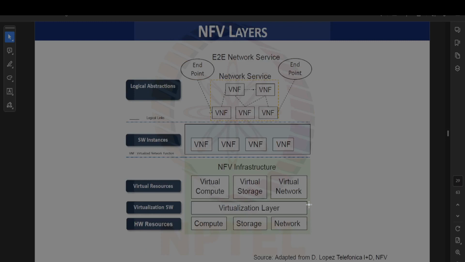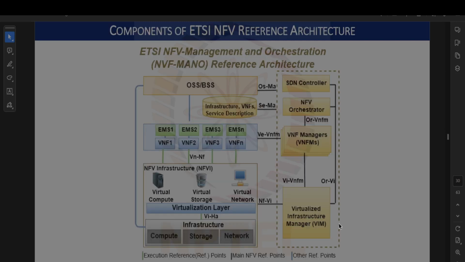Now let's get into the framework, the ETSI NFV reference architecture framework. We'll take a look at that because a couple of questions are from that particular reference architecture.